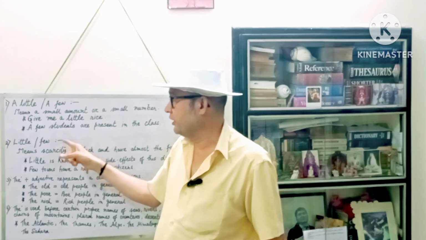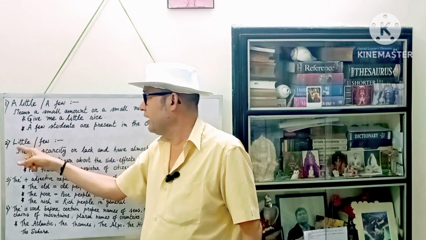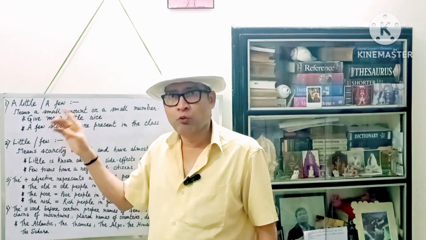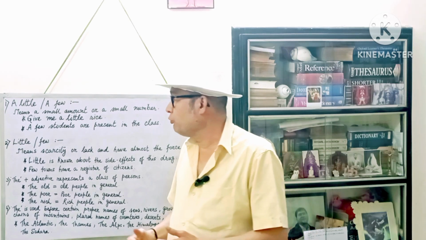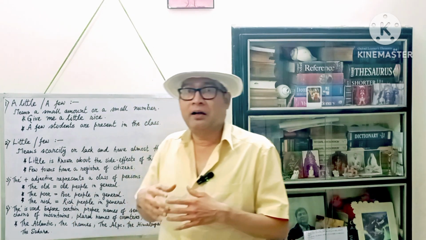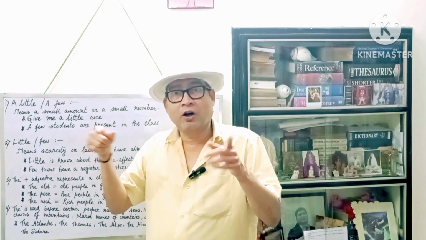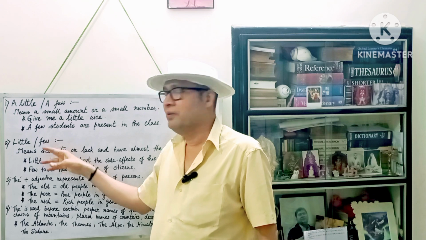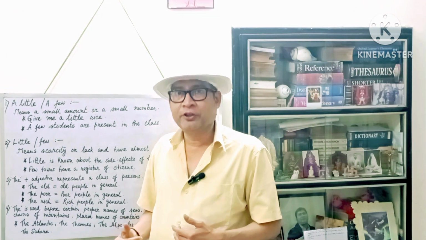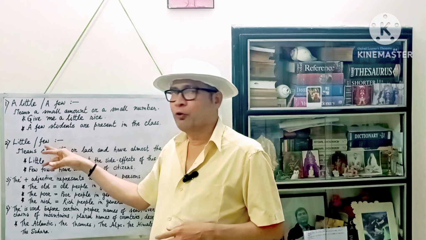Yes, here, see the difference. Here we have written a little, a few, and here we have written little and few without any article. Why without any article? Because we don't want to mean a small number of or a small amount of, but just the opposite, negative. Your sentence will become absolutely negative if you do not use a before little and before few.